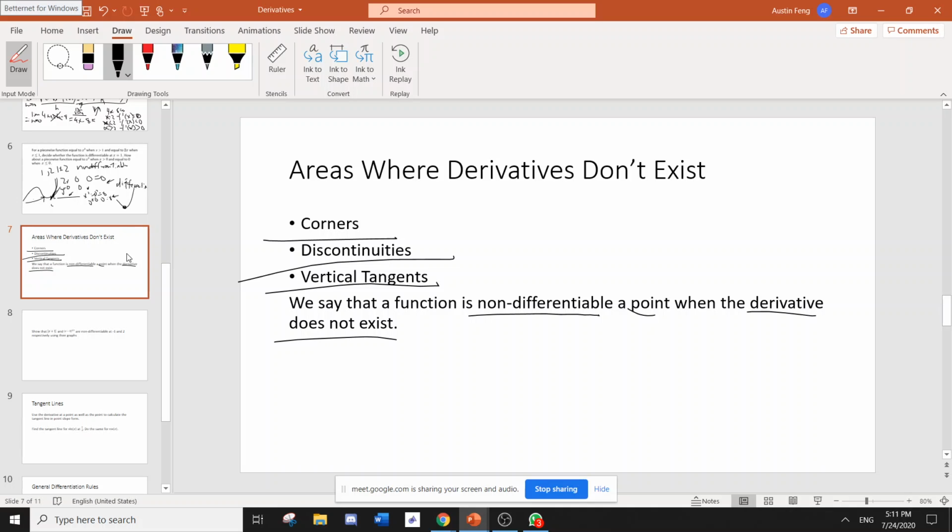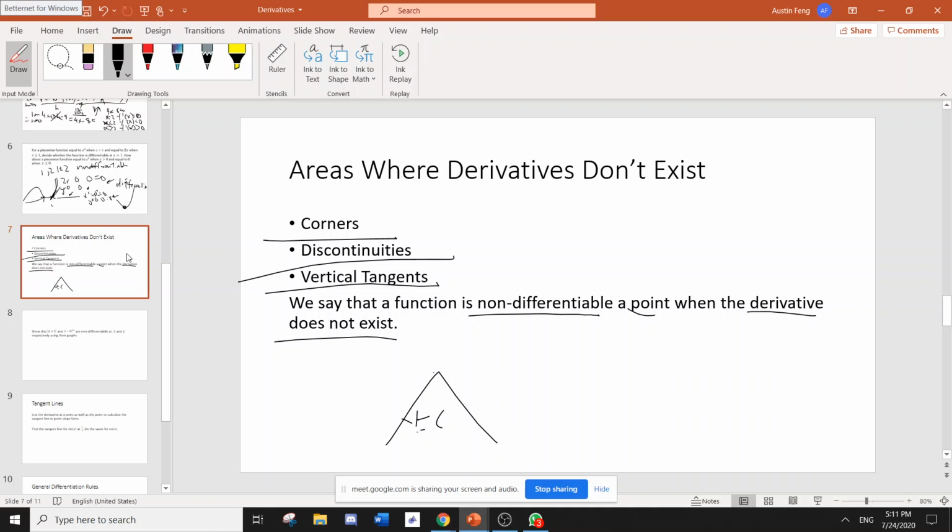So other than memorizing these, here's my way of showing that these aren't differentiable. You have a corner here, right? Try to draw the tangent line. The tangent line is where the function touches that one point, x is equal to c.